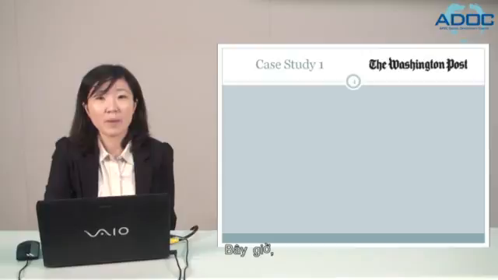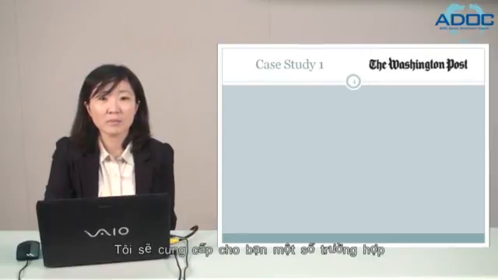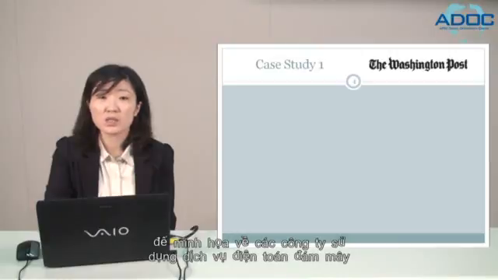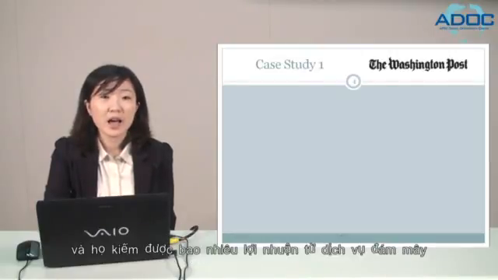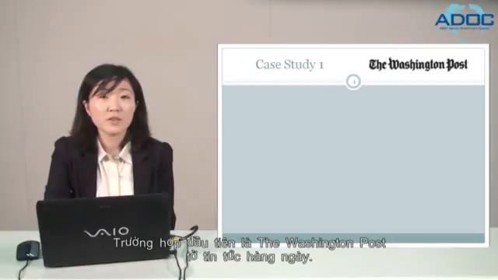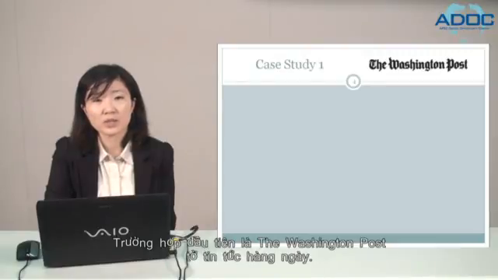Now, I'll give you some cases to show what companies use cloud services and how much benefits they get from cloud services. So, the first case study is from the Washington Post. It's a daily news.